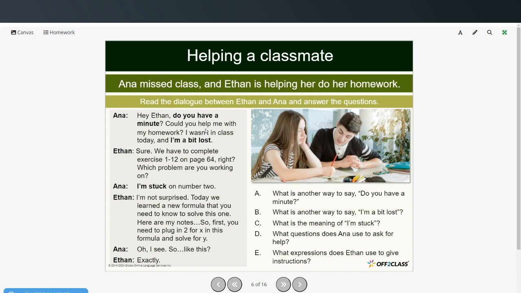So she says, could you help me with my homework? And what expressions does Ethan use to give instructions? Well, he talks about we learned a new formula. You need to plug in 2 for x in this formula and solve for y.